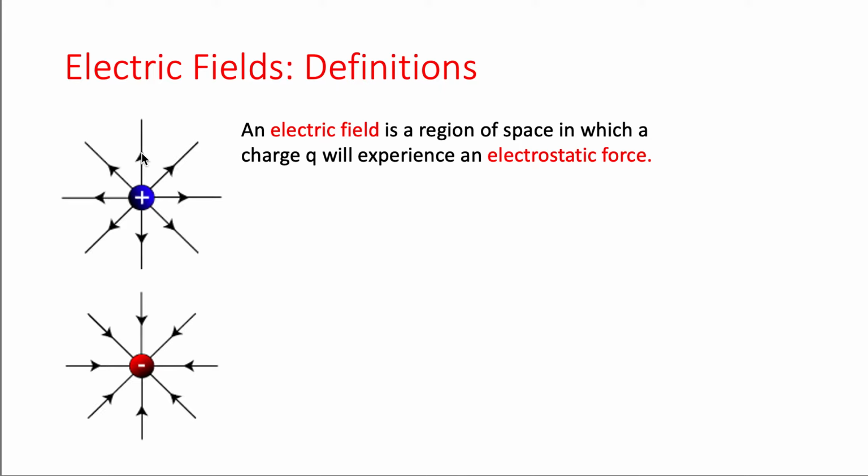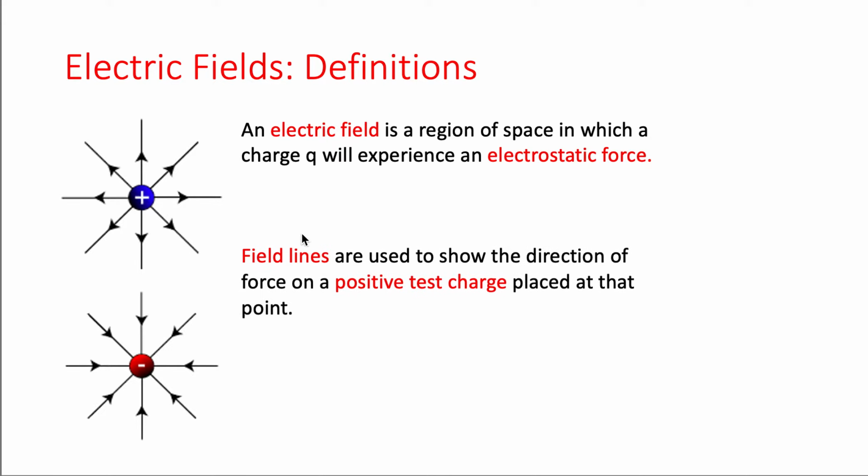Well, we then think, what would the direction be on the test charge due to the source charge? Well, the test charge, as it is positive, would be repelled by the source charge and therefore pushed away, and therefore upwards. This would happen at every position around the source charge.